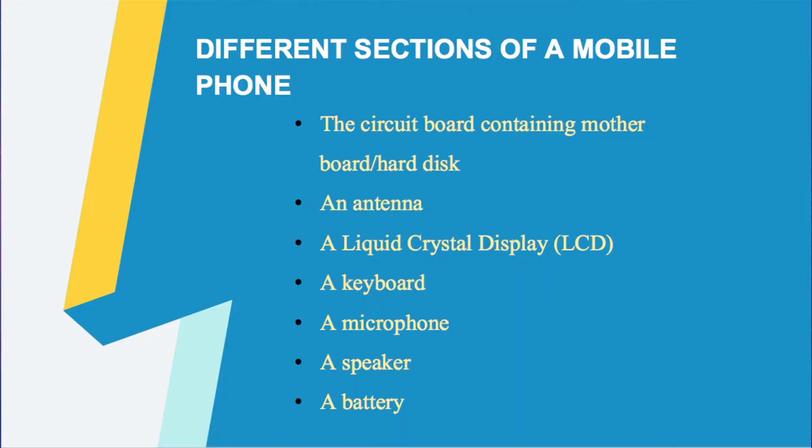Now, what are the different sections of mobile phones? The basic components inside a mobile phone are a circuit board containing the brain of the phone, an antenna, a liquid crystal display, a keyboard, a microphone, a speaker and a battery. The main screen of a mobile phone is called the display.